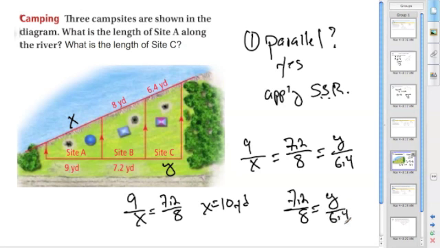So you have 6.4 times 7.2, divide that by 8, and you get 5.76 yards. So that's using the corollary to the side splitter theorem. Just comparing the ratios, setting up a proportion, cross multiplying, and solving for a variable.